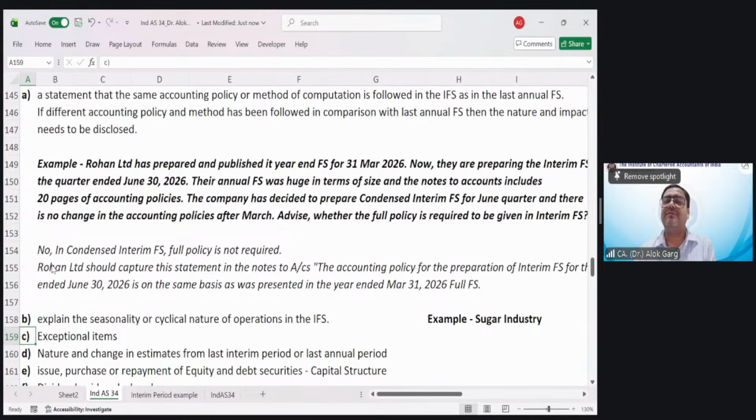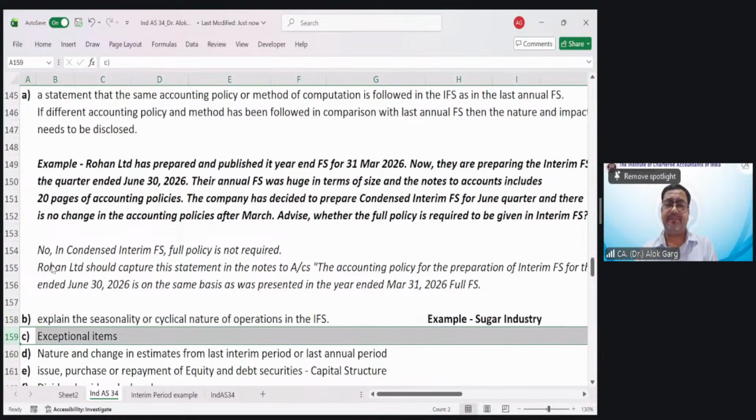The company operates in the manufacturing of sugar, and it has a seasonal or cyclical nature of operations. That's all.